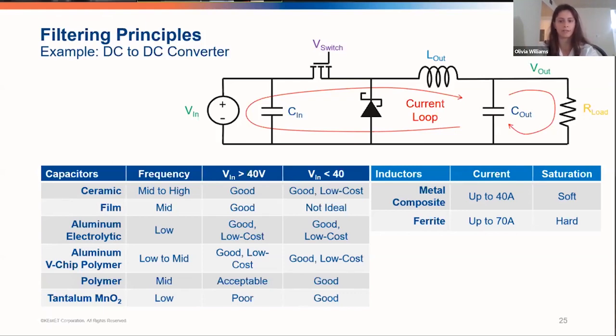So our ferrites here, these are mostly our TPI one-turn ferrites. They're good up to 70 amps. And they do have better efficiency, since they have lower core loss, but they do have a harder saturation profile. So it's a kind of give and take. You just have to determine what's most needed for your specific system.